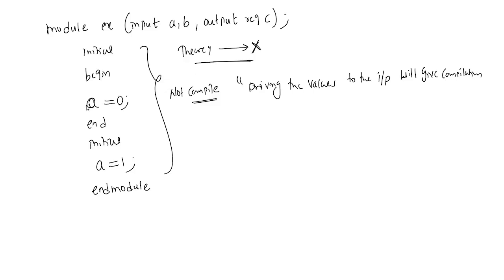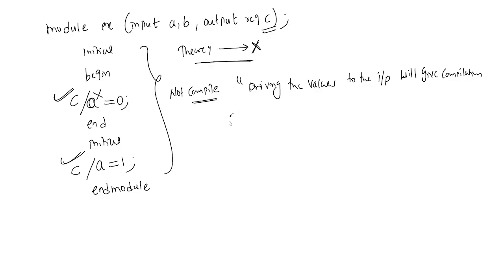So here you can use either option. C means it will execute, and A means it will not execute. C will execute because you are using blocking assignments and the output is a reg. So I can drive the value to the output, but I can't drive the value to the input. So that is the reason.